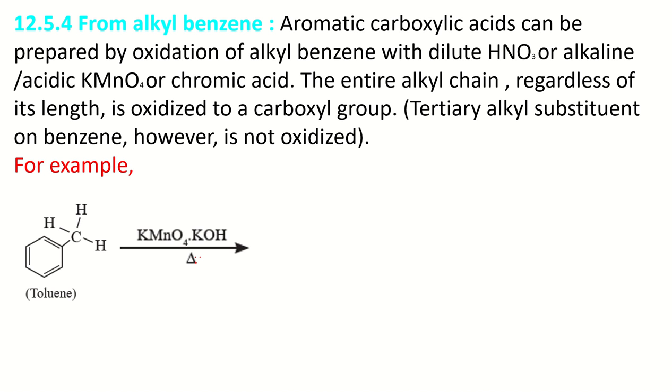When this KMnO4 reacts with the potassium hydroxide, nascent oxygen comes out from the reaction, and this nascent oxygen reacts with the side chain of benzene, meaning it reacts with the methyl group only.